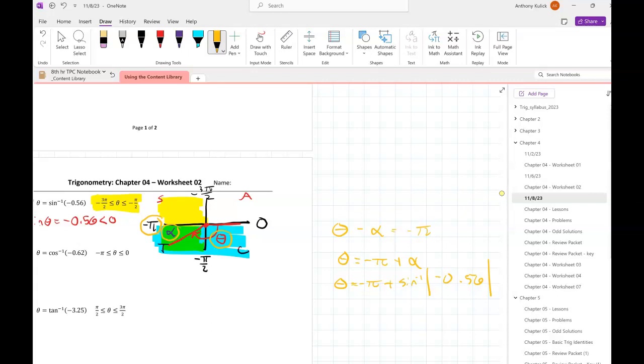So that's what I'll be typing into my calculator: -pi plus sine inverse of the absolute value of -0.56.